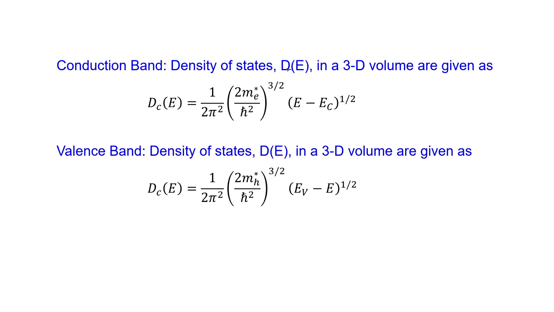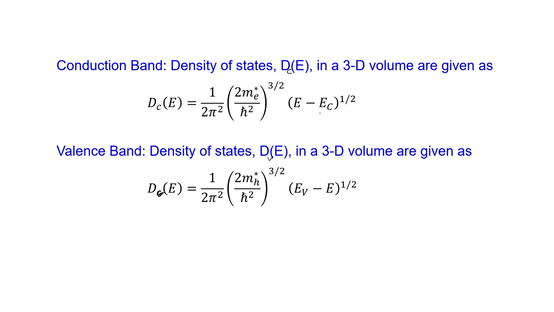So again you can write dCe and dVe. dCe will be 1 over 2 pi square into 2 Me star divided by h cross square to the power 3 by 2, into E minus Ec to the power half, because we are looking at energy levels from Ec onwards.